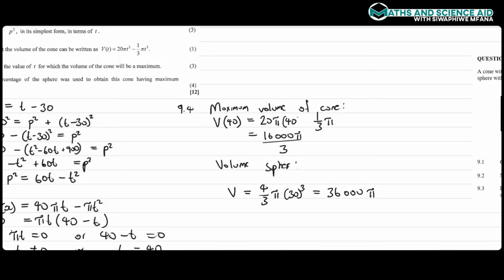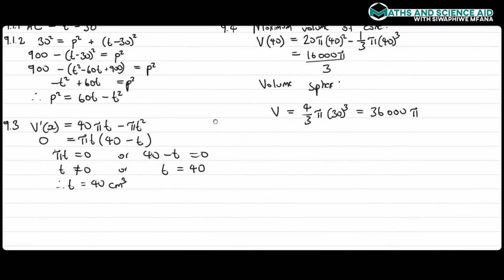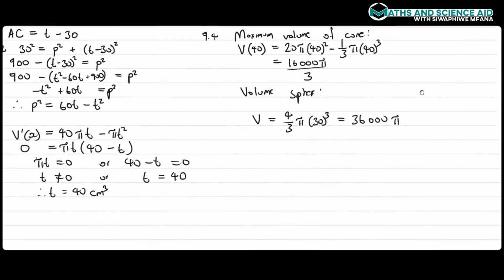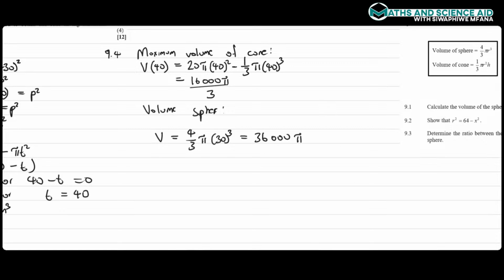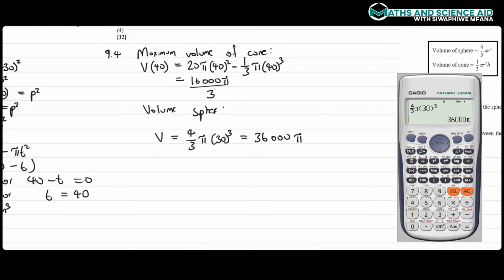So this is 40 squared, and this should be 40 cubed. The value of t at the maximum is 40, not 20. Let's quickly fix that and work out the correct value here.